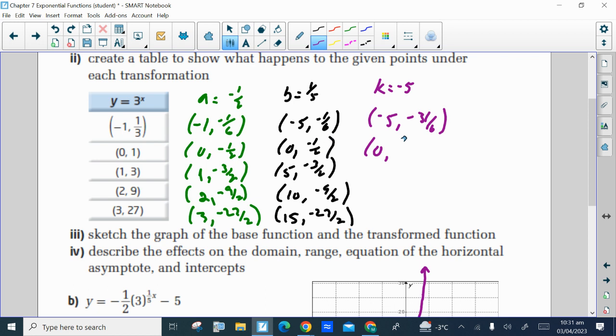That'll be negative 10 halves. So that'll be negative 11 over 2 when we go negative 1 half, take away 10 halves. Negative 3 halves, take away 10 halves is negative 13 halves. Negative 9 halves, take away 10 halves is negative 19 halves. And negative 27 halves, take away 10 halves is negative 37 halves.